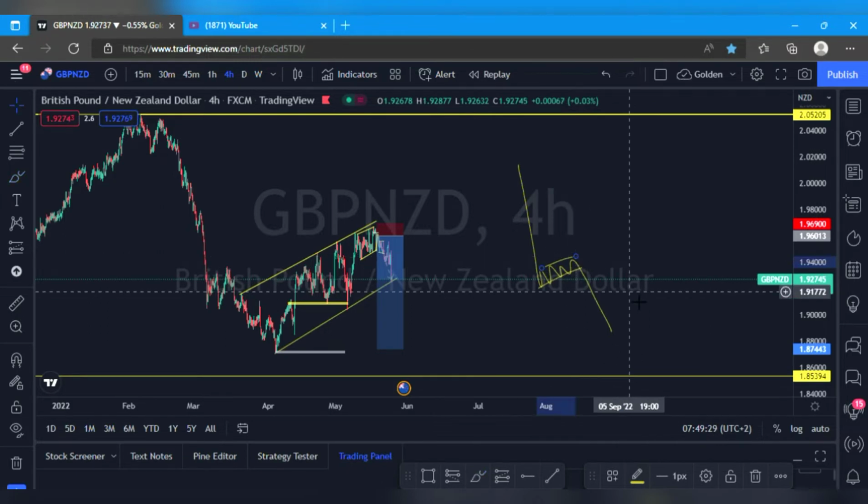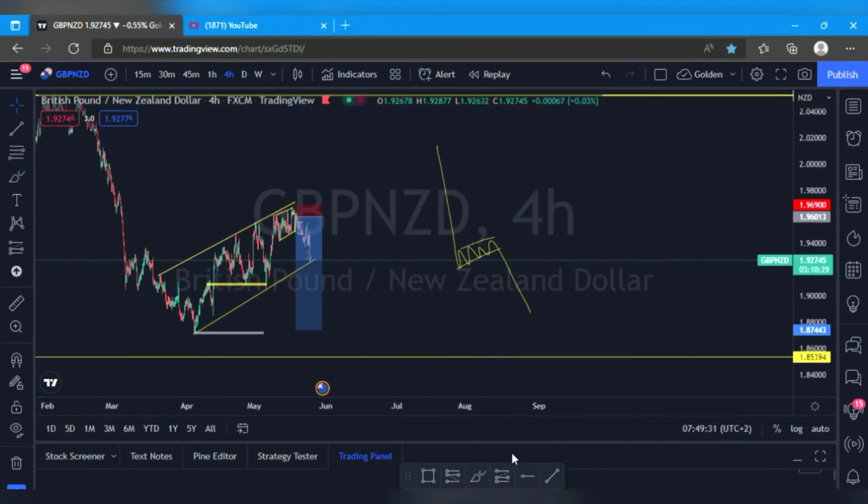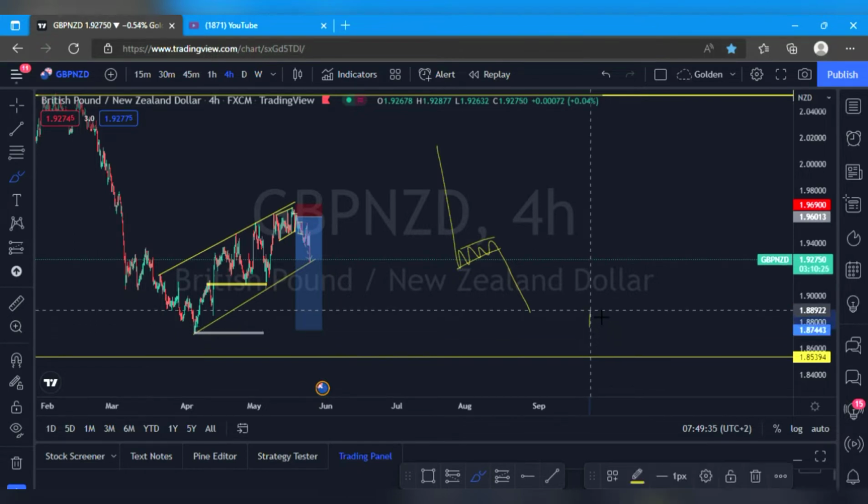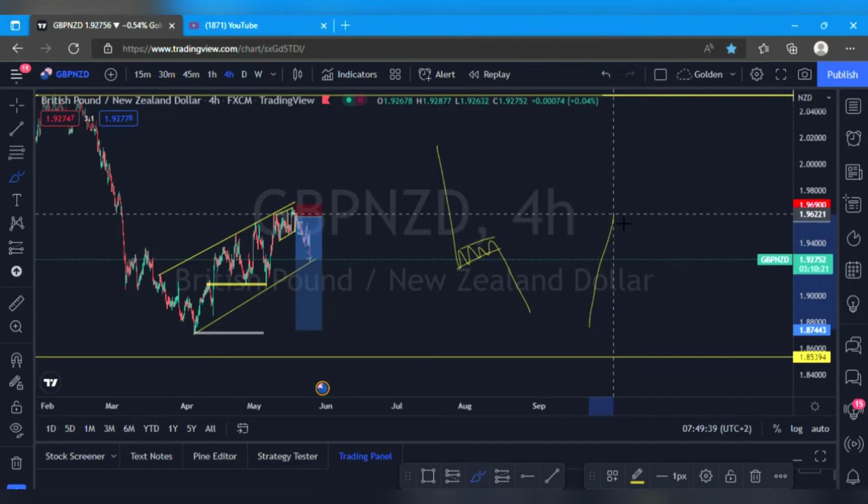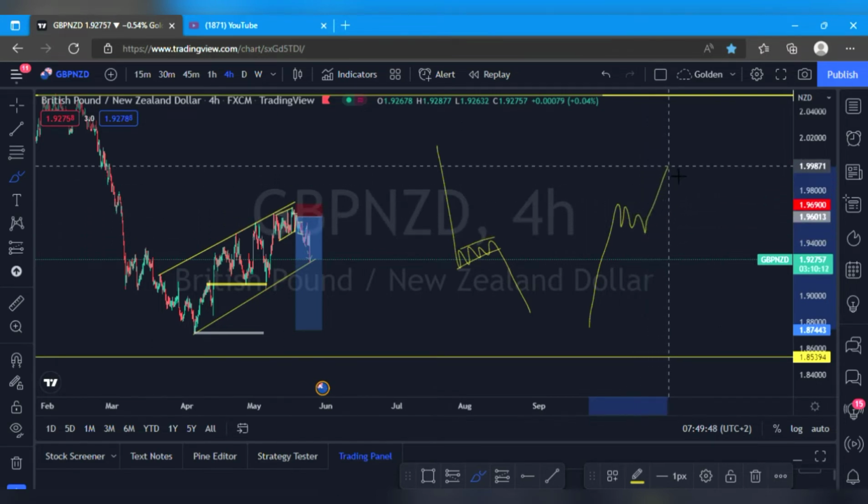Also, the same thing when we are in the situation of an impulsive uptrend. The market will create a downtrending structure like this, and then break out of that structure and continue to move to the upside.